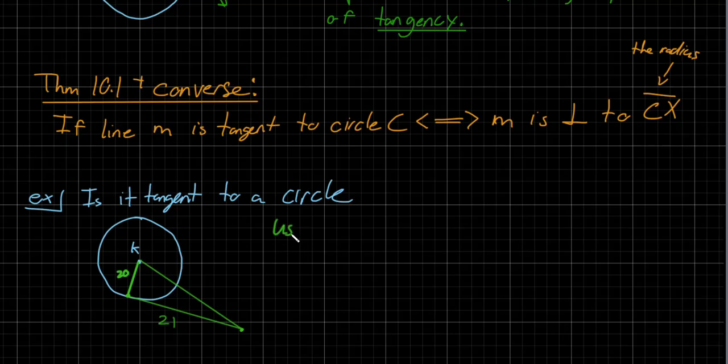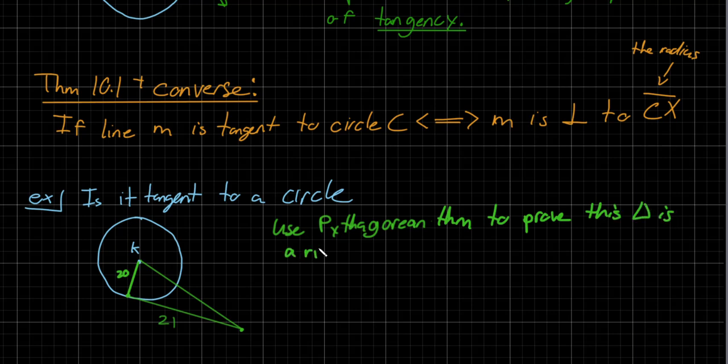So use Pythagorean's theorem to prove this triangle is a right triangle. If so, then I have to label these some more.